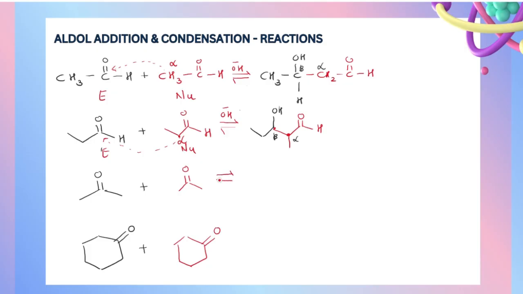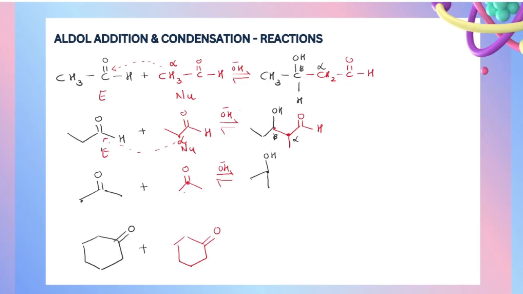Same way we can write for ketones also. The ketone taken here is acetone, right? So, what you have to do? You have to write the 2 carbons like this. Methyl and methyl, methyl and methyl. What about this carbon? It is going to form OH. Now, what about the other one?